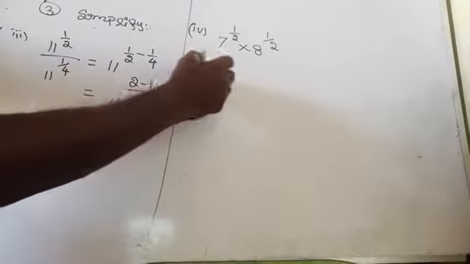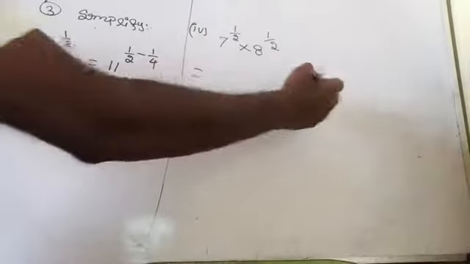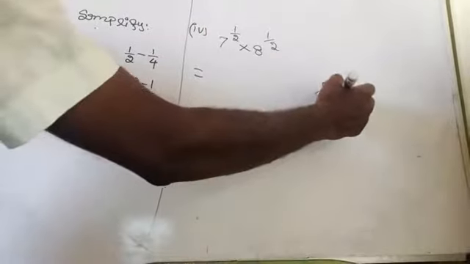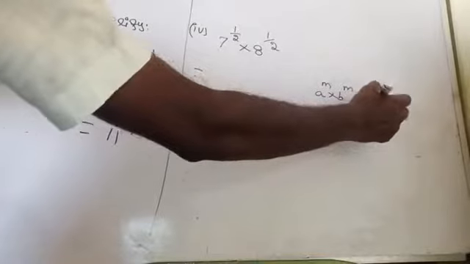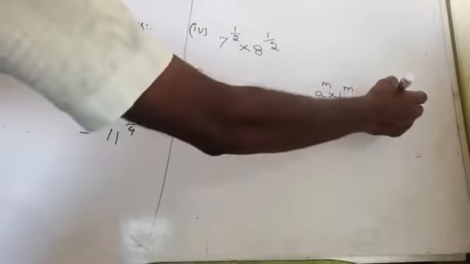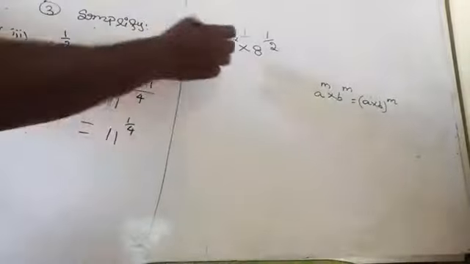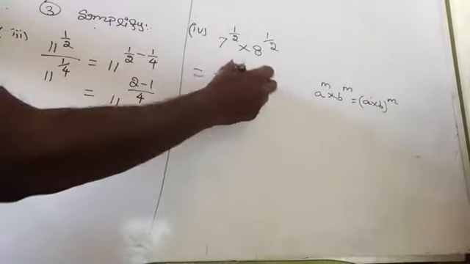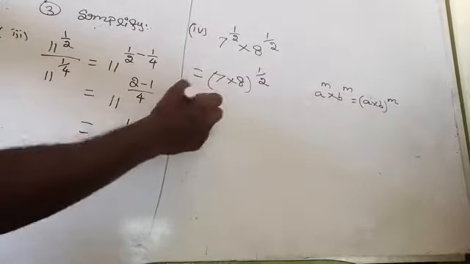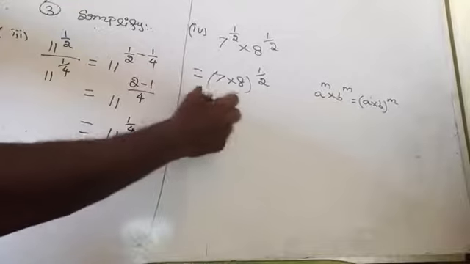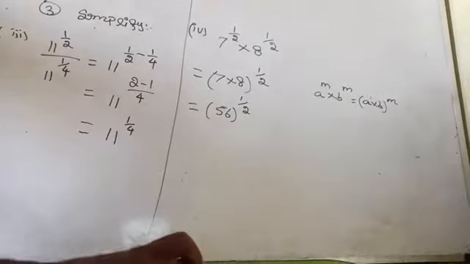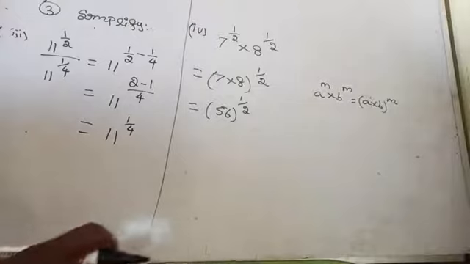So it is in the form of a power m into b power m. A power m into b power m can be written as a into b the whole power m. So 7 into 8 the whole to the power 1 by 2. 7 into 8 is what? 56 whole to the power 1 by 2. That's all. Are you getting there?